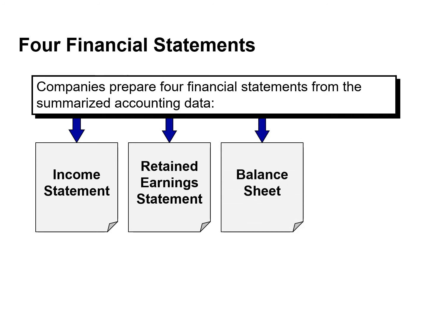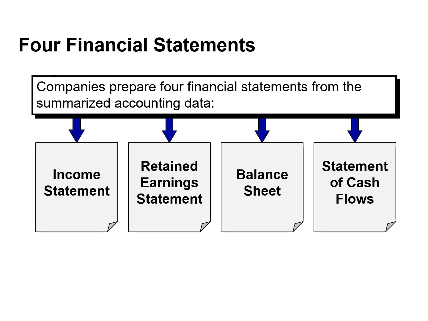The third financial statement is the balance sheet. This financial statement reports assets, liabilities, and stockholders' equity. It reports a company's financial position at a point in time. And then lastly, the statement of cash flows reports the inflows and outflows of cash during a period of time.